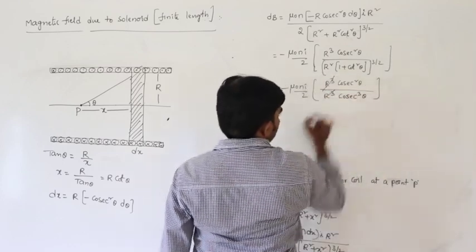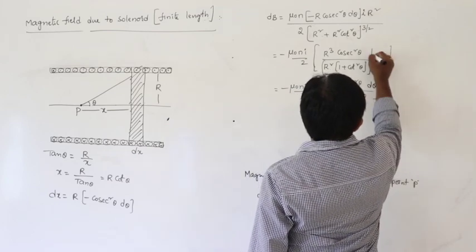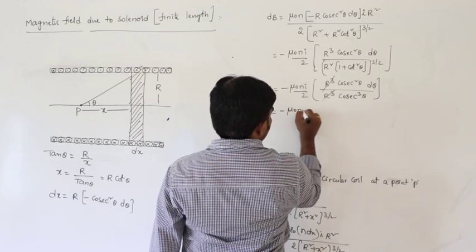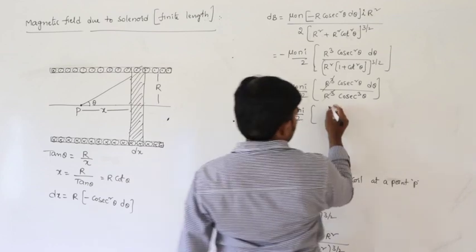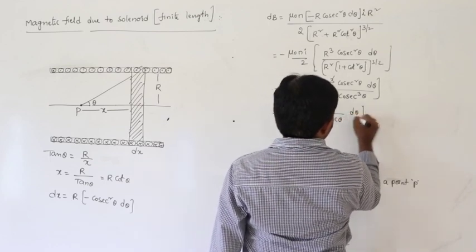So r cube cancels, and we have d theta. That equals minus mu naught Ni by 2 into cosecant square theta divided by cosecant cube theta, which is 1 by cosec theta, into d theta.